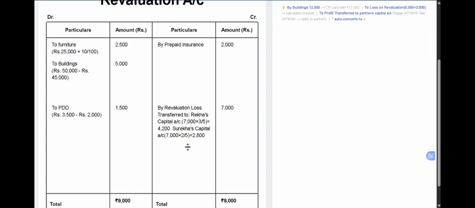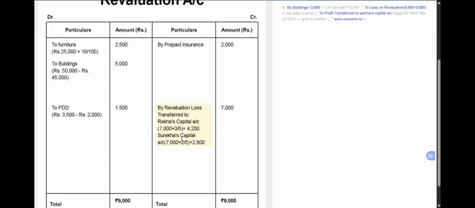That is 7,000, and this 7,000 should be distributed to Rekha and Surekha in their old profit sharing ratio.